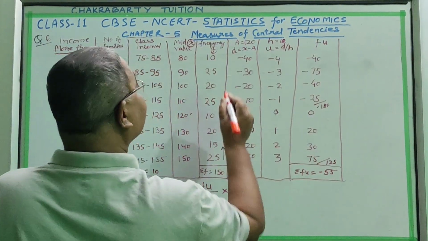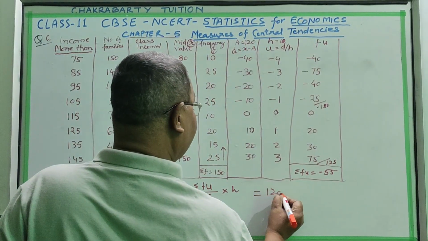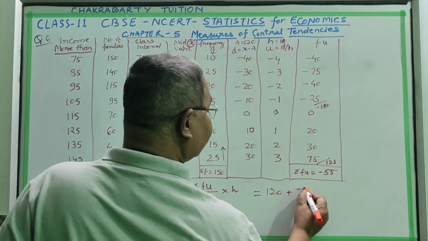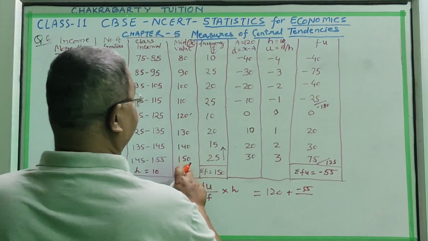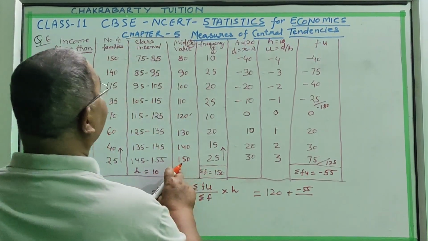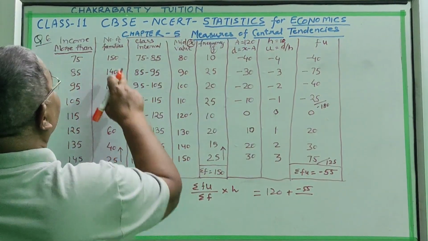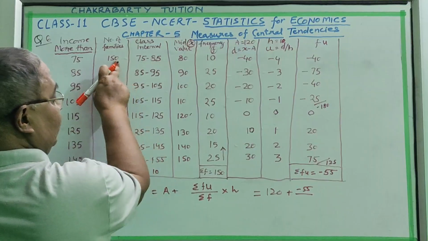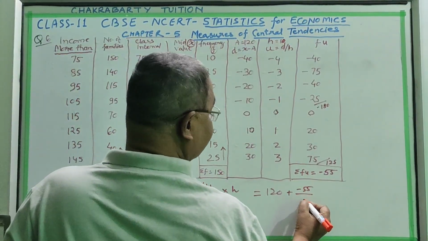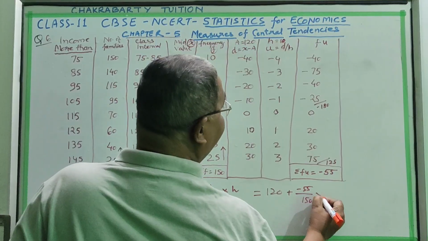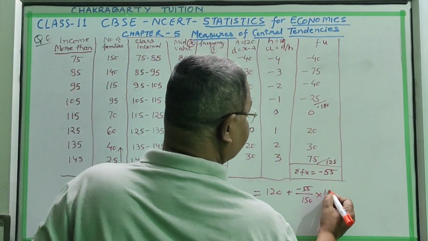So here assumed mean is 120 plus, minus 55 upon sigma f, which is 150. Sigma f is the total number of families, which is 150. And h, the class interval, is 10.